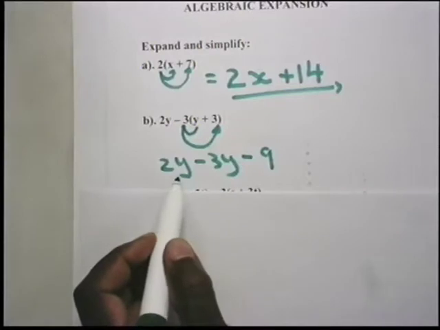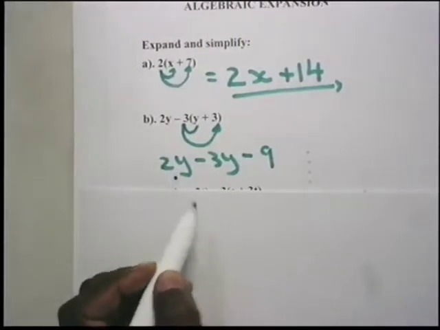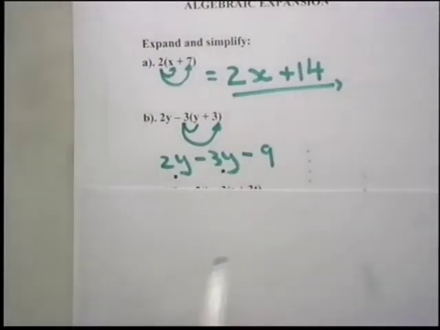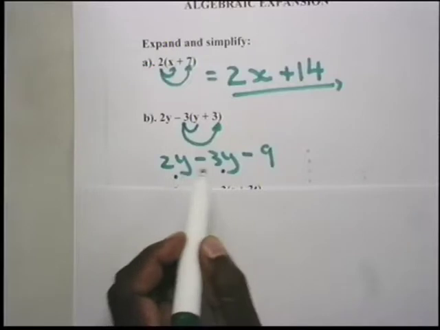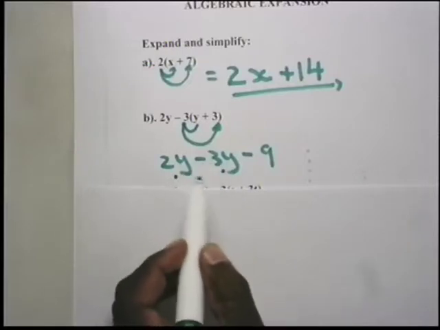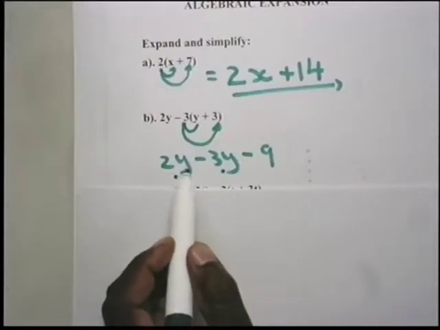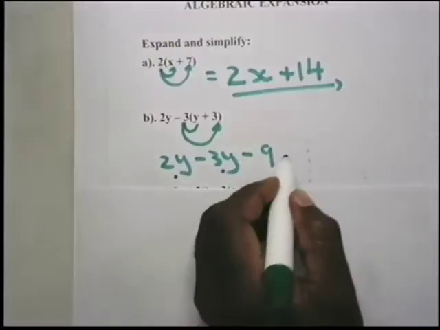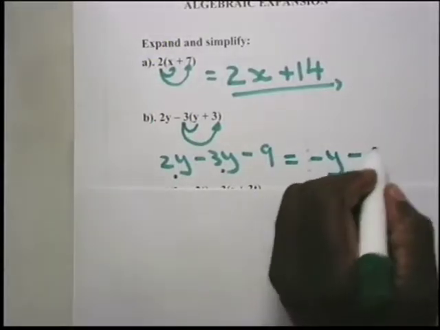Now I see that we have 2y and we have negative 3y and then negative 9. The 2y and the negative 3y are like terms. Those ones we can still simplify by saying 2y minus 3y produces negative y or minus y minus 9.